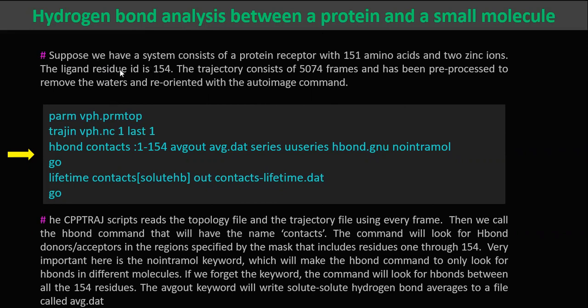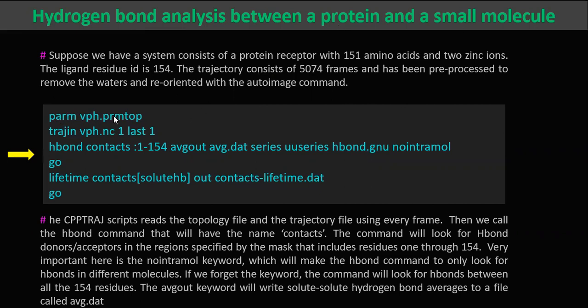So the ligand residue ID would be this. And the trajectory that we have consists of this number of frames. We pre-processed, I mean removed all the waters and reoriented using the autoimage command. We want to calculate the hydrogen bond between the protein and the small molecule.